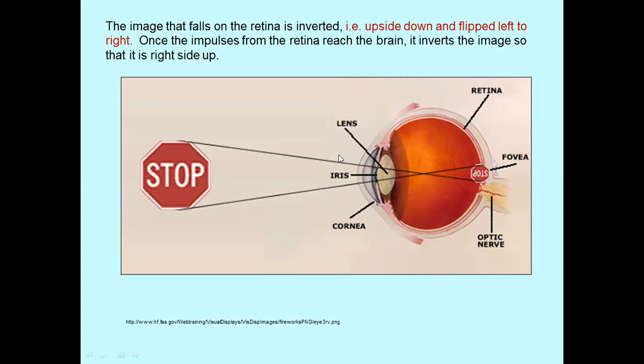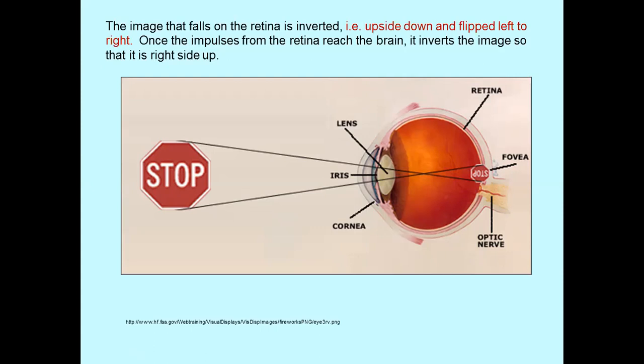So the light rays which then reach the retina are the correct way up, and they're no longer back to front, left to right, I mean. So the impulse going to the brain is of an image the correct way around.